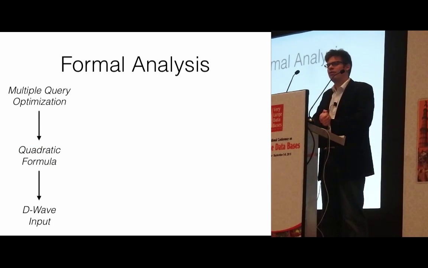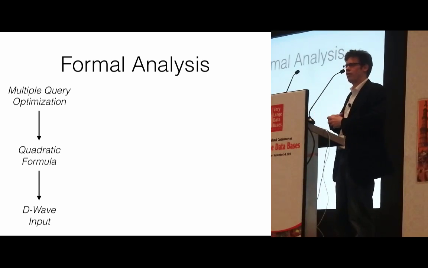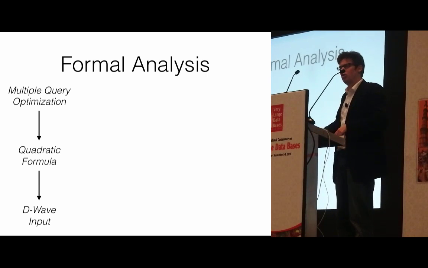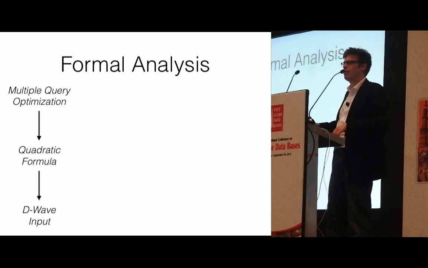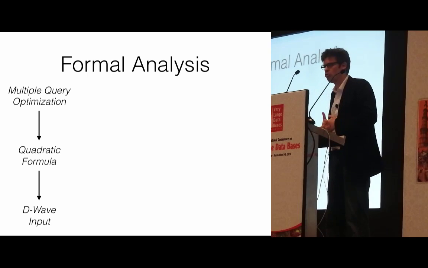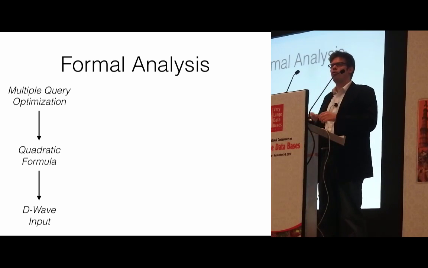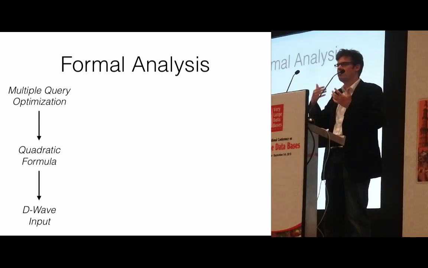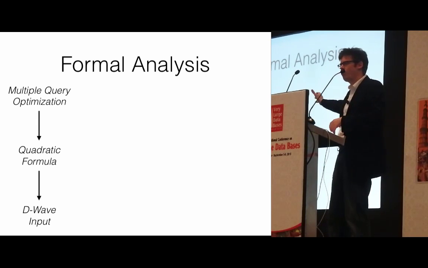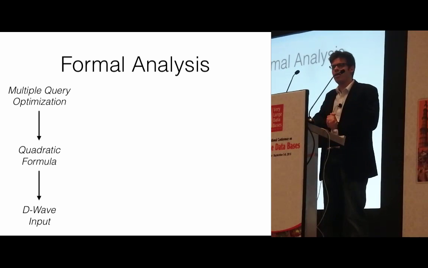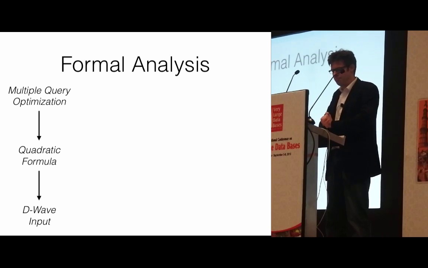In the paper, we also formally analyze the quality of that transformation. First of all, we show that the transformation function can be calculated in polynomial time on a classical computer, but we're also interested in seeing how well the output of the transformation maps to the quantum annealer. How convenient is the output of the transformation for the quantum computer.